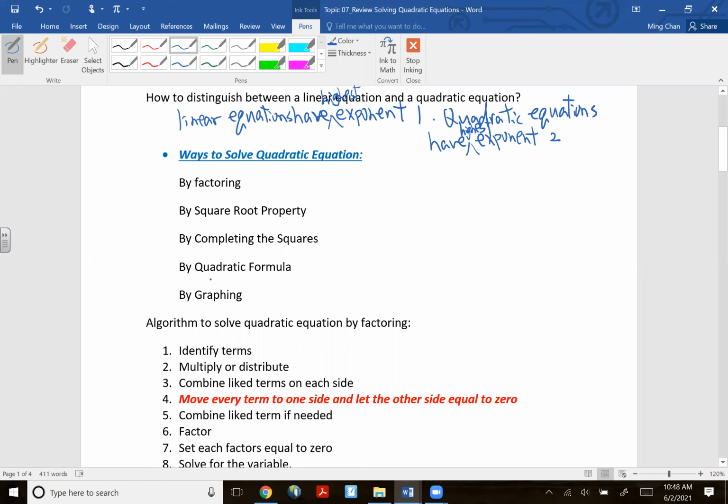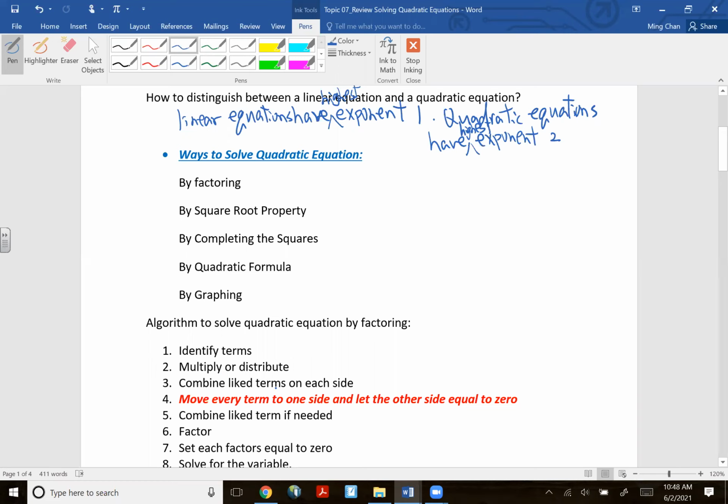We will talk about how to solve quadratic equations by graphing later in this class. But mainly, to do it arithmetically, there are 4 different ways. The first one is called factoring. So my steps here are really for solving a quadratic equation by factoring, just like the one I did in the previous topic where we found a restriction on the variable.